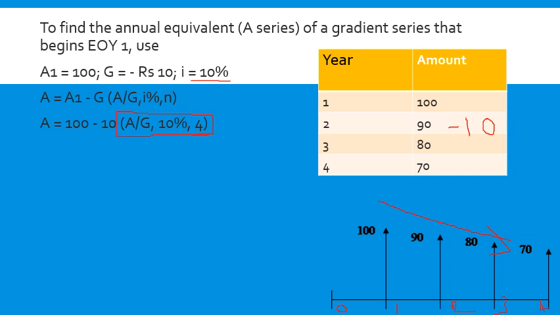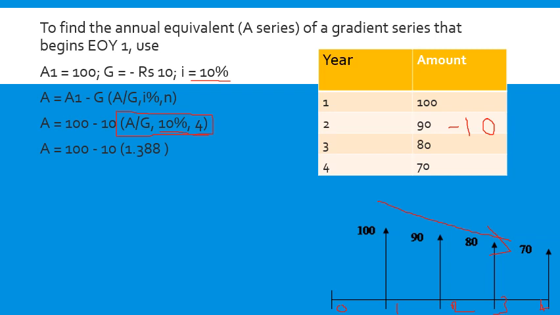Same thing, open up the compound interest factor table with I equal to 10% and search for N equal to 4 starting from the leftmost column. When you get that N equal to 4, identify A/G, 10, 4. You will get the value as 1.388.